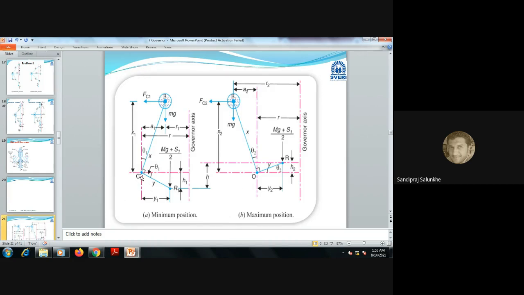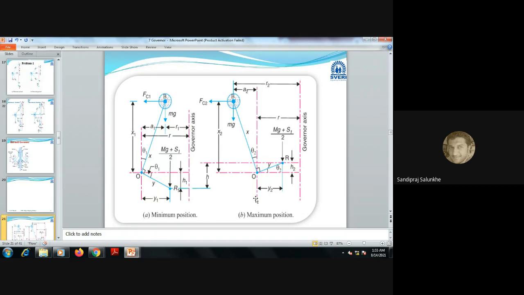Now when the sleeve is at the lowermost position, the radius of rotation is small, its minimum value of radius of rotation, that is R1 we are going to consider. Okay, and the highermost position of this radius of rotation we'll call R2.